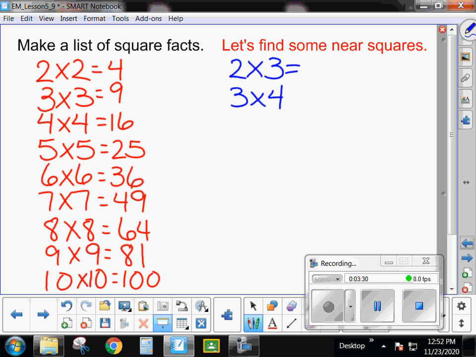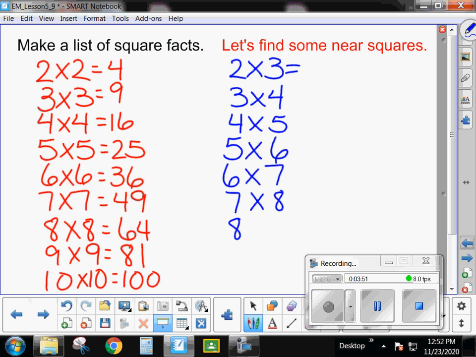If I know what 4 times 4 is, I can use it to help me solve 4 times 5. 5 times 5, I can use it to help me solve 5 times 6. 6 times 6, I can use that to help me solve 6 times 7. 7 times 7 will help me solve 7 times 8. 8 times 8 will help me solve 8 times 9. 9 times 9 will help me solve 9 times 10, which really you shouldn't need anything to help you with that, right? And 10 times 10 can help me solve 10 times 11.